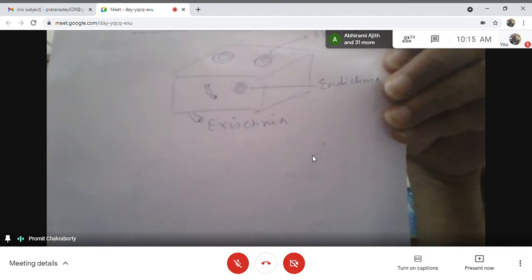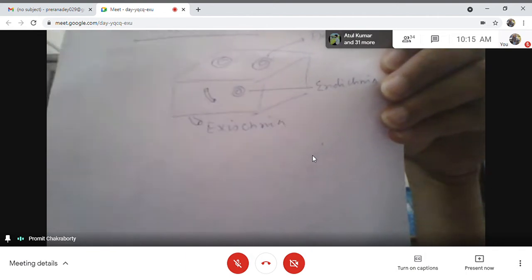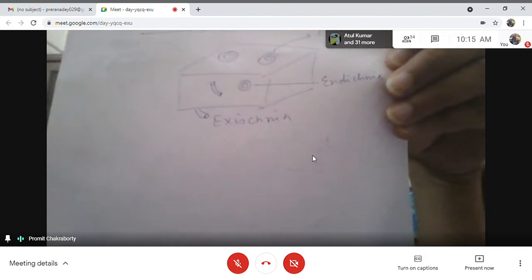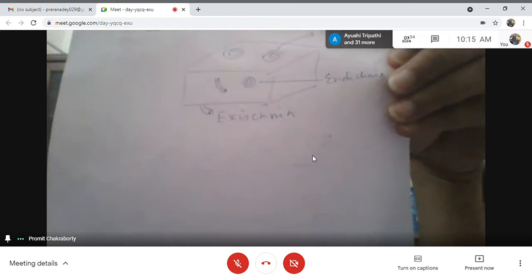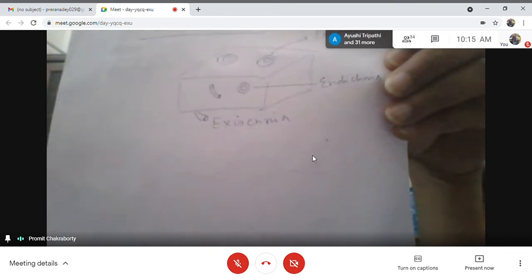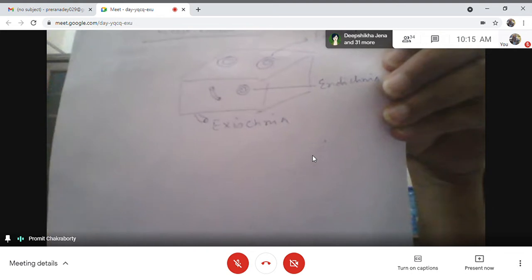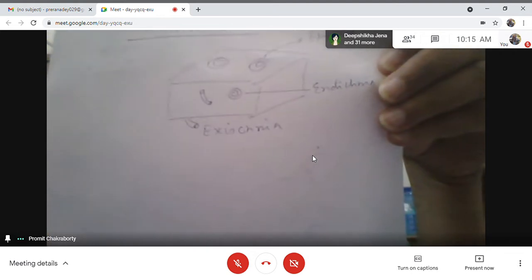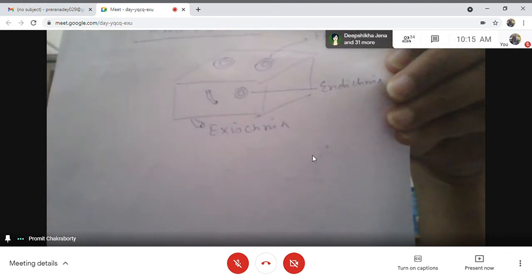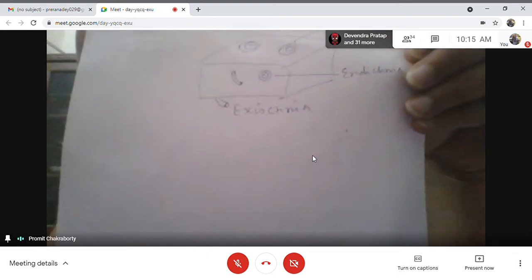He said it will be named epichnia, endichnia, exichnia, depending on whether I am seeing the trace fossil on the surface, within, or outside the bed. So it was a topological classification. We call it a topological classification.